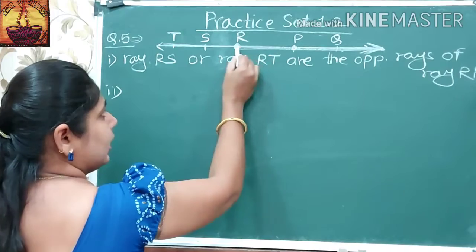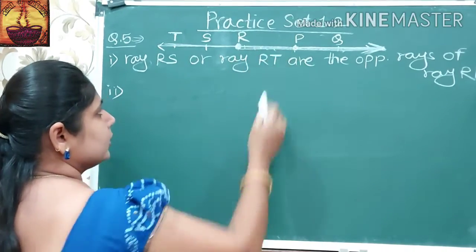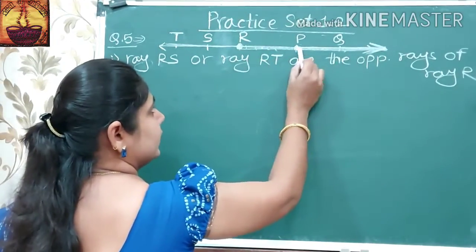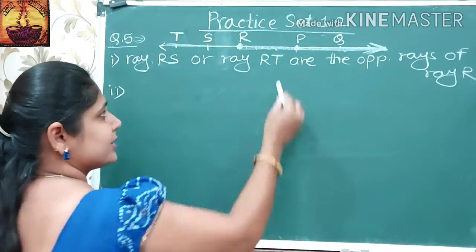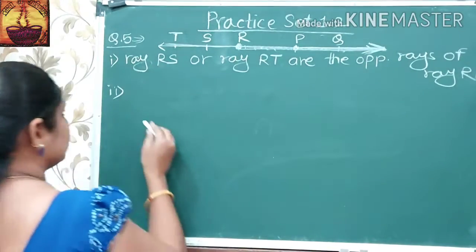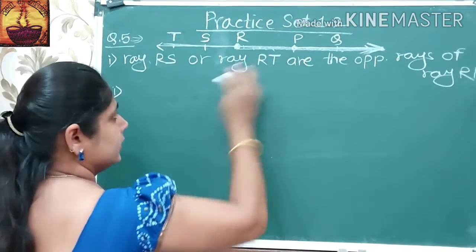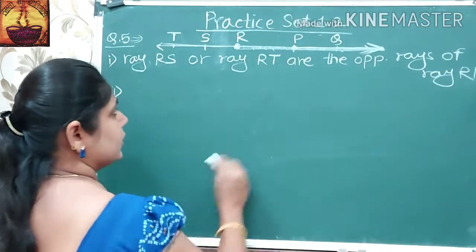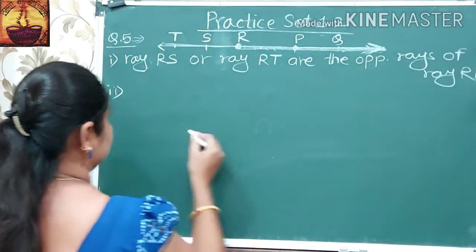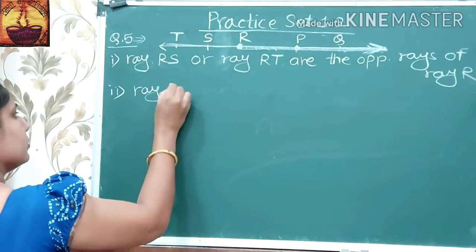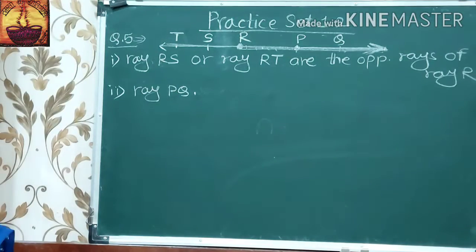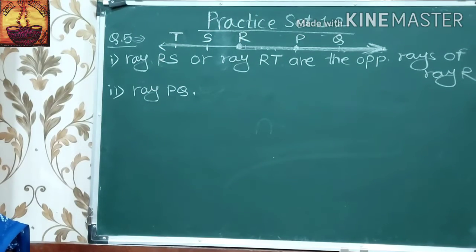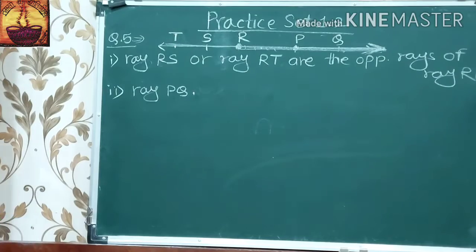Therefore, the points between R and P are not common points in ray RP and ray PQ. Therefore, the common points start from ray PQ. Therefore, intersection of ray RP and ray PQ is the ray PQ. Ray PQ is the intersection of ray PQ and RP.